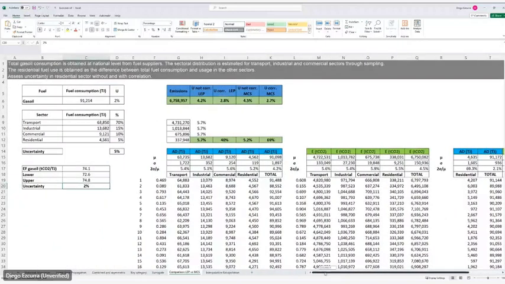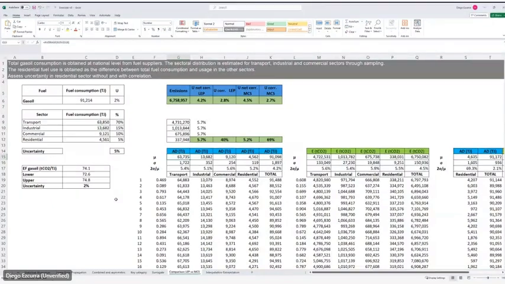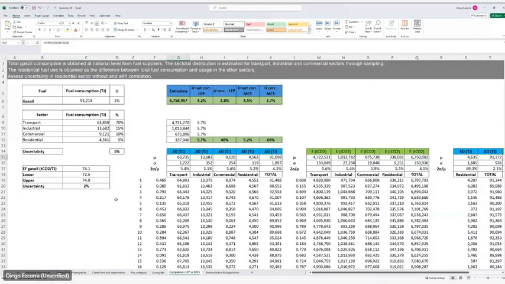Let's just focus here. How can we run a Monte Carlo simulation here? Well, I said that we need to model the variables. We need to assign a probability density function to the variables we want to model.